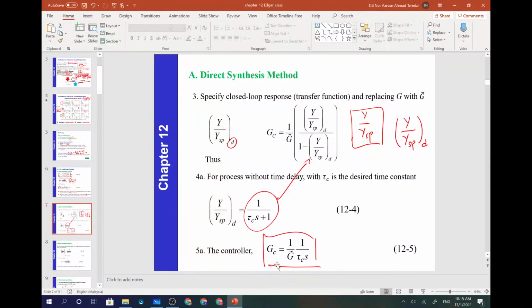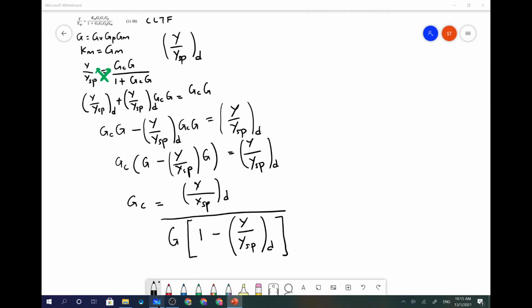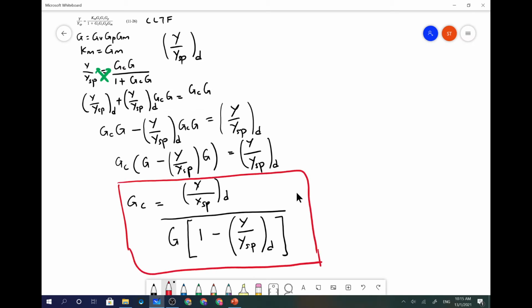So we continue. When we get this equation, we will substitute the value of Y over Y sp. There are two cases.